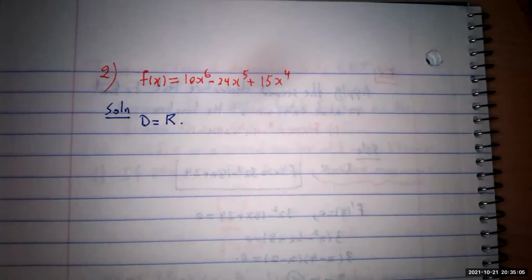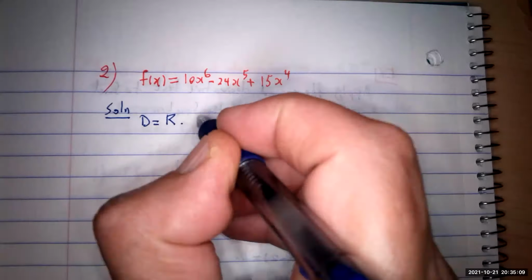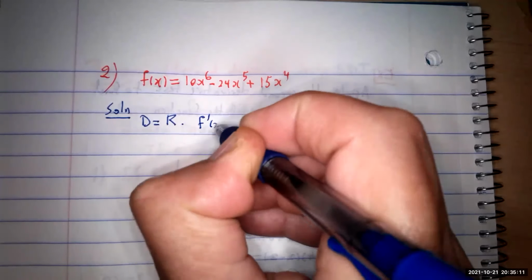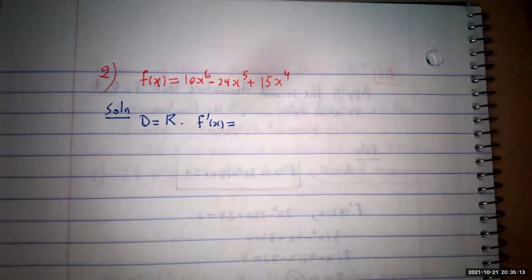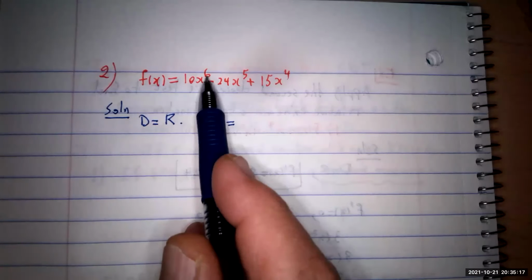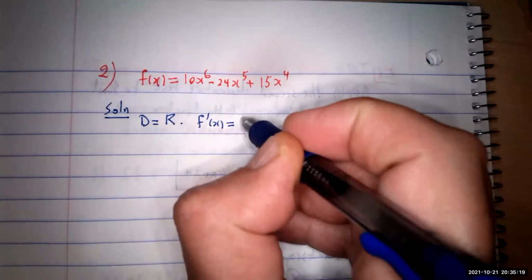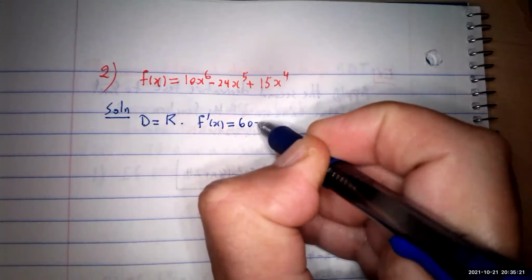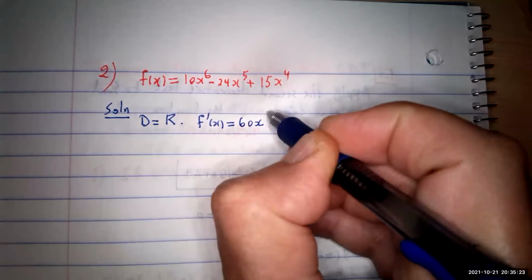So we find the derivative of the function and set it equal to 0. f prime of x is equal to, you differentiate it carefully, a power rule: 6 times 10 would be 60, so that gives you 60x to the 5th.